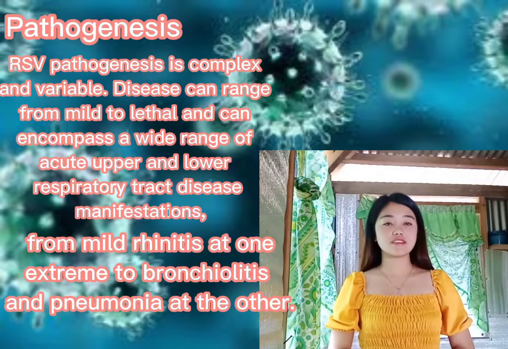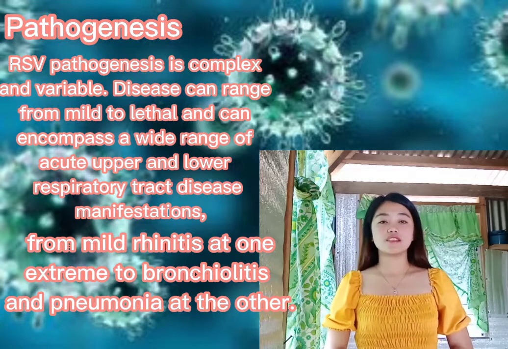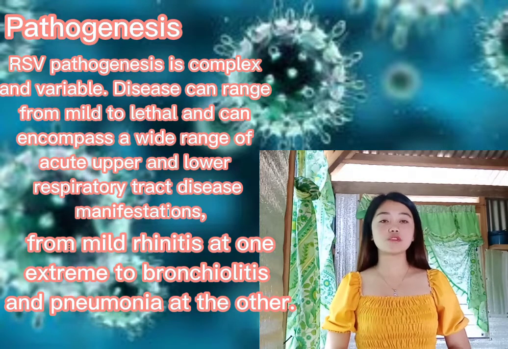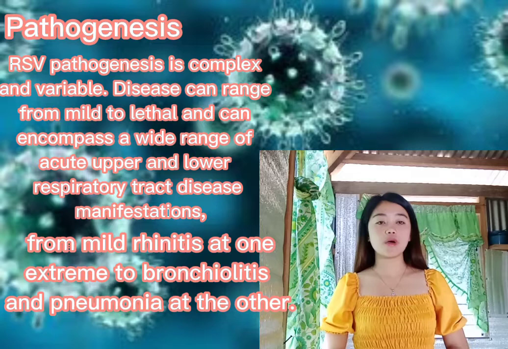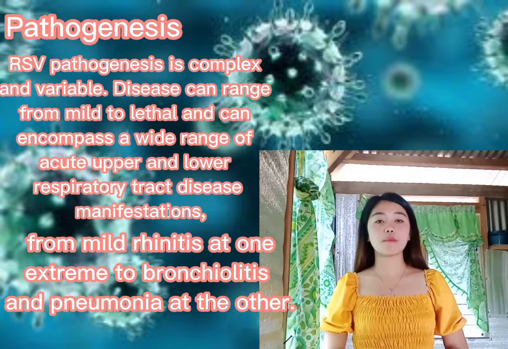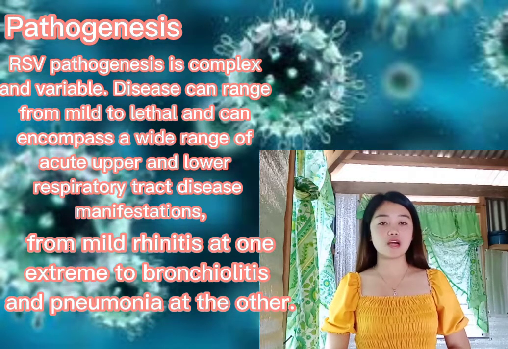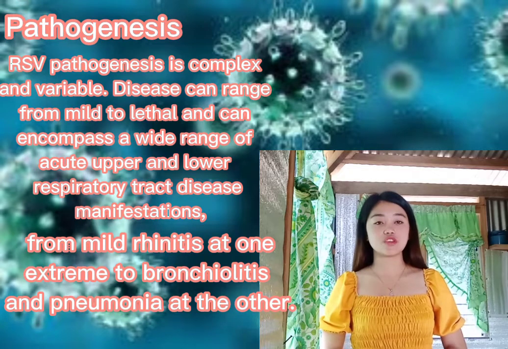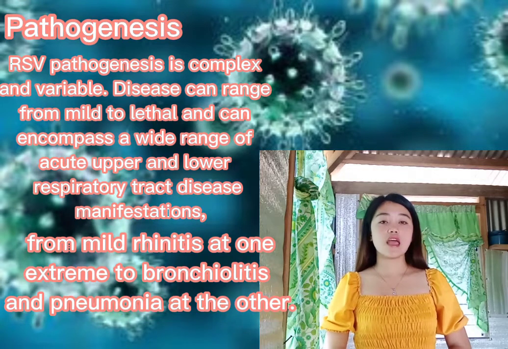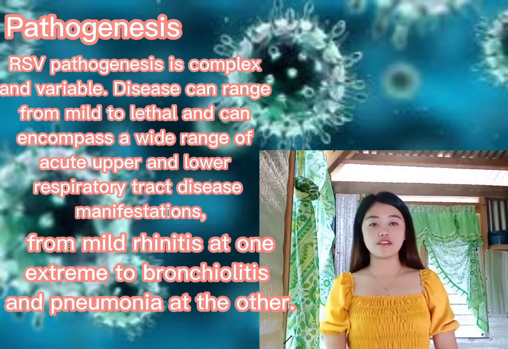RSV pathogenesis is complex and variable. Diseases can range from mild to lethal and can encompass a wide range of acute upper and lower respiratory tract disease manifestations, from mild rhinitis at one extreme to bronchiolitis and pneumonia at the other.